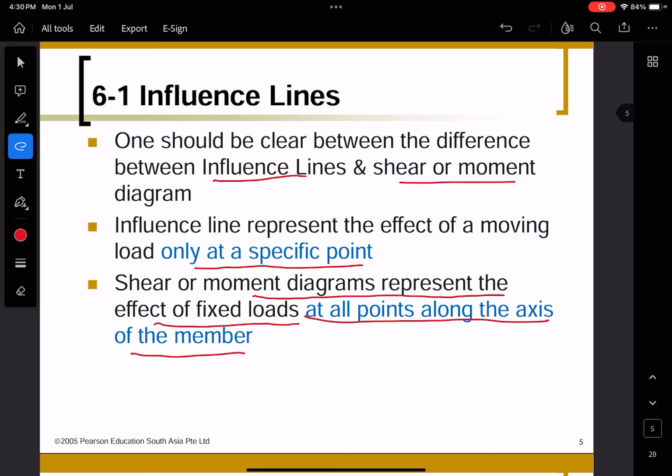So the influence line is only at a specific point, but the moment and shear diagram show it along the axis of the member, along the points. So that's the difference between the shear moment diagram and the influence line.